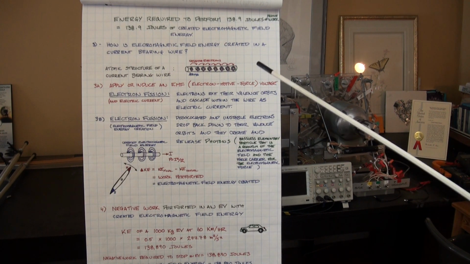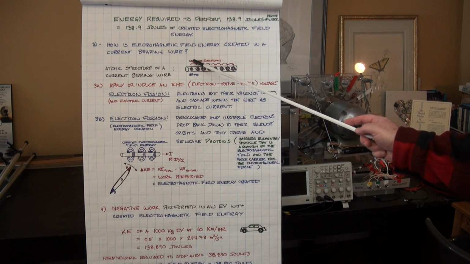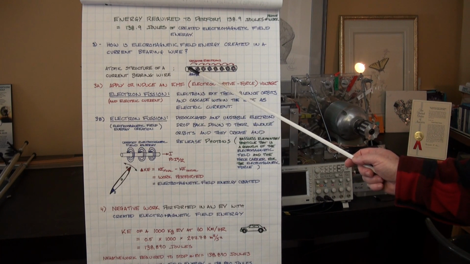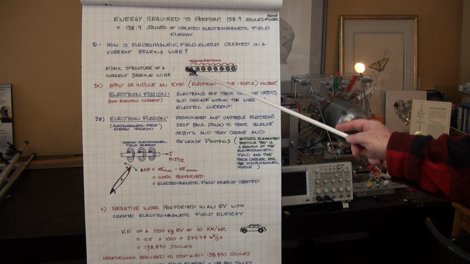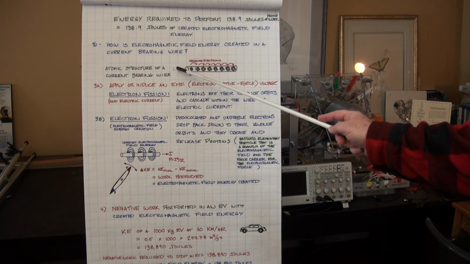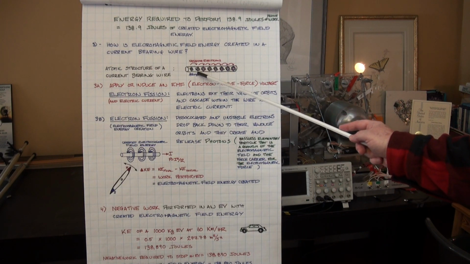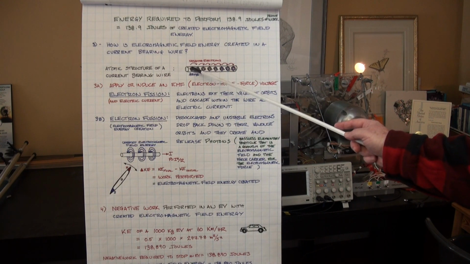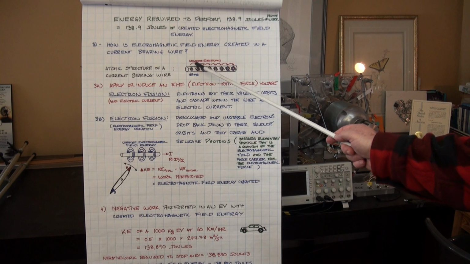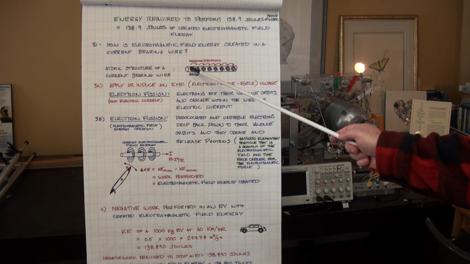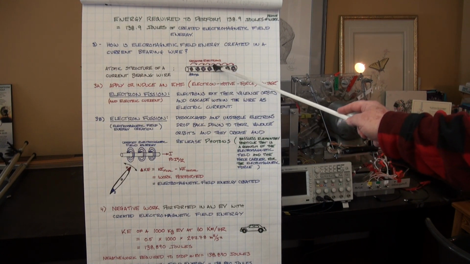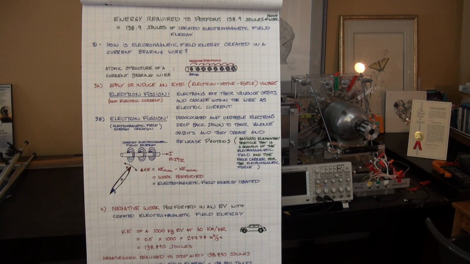So here we have the structure of atoms in a current-bearing wire, and when an electromotive force is applied or induced in this current-bearing wire in a closed circuit, electrons in the valence orbit are forced out of the valence orbit, and they cascade in the current-bearing wire as electric current.